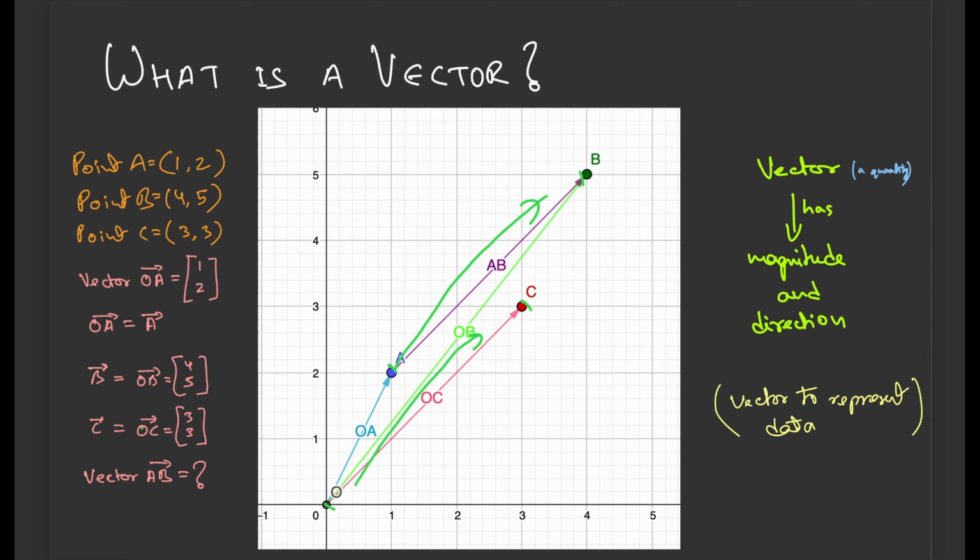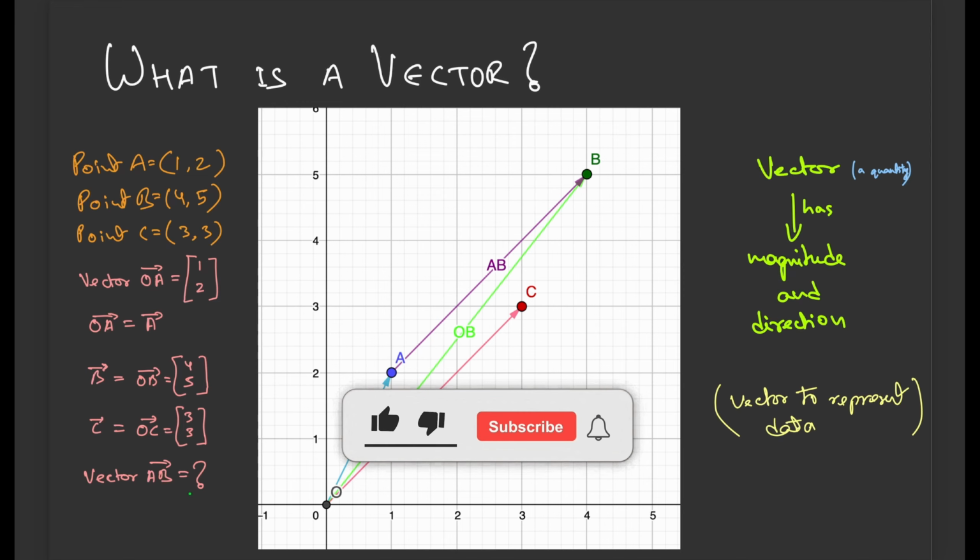So that's why they will have the same value. It doesn't care about where you are starting. You can start at origin, you can start at any other location. It only captures the magnitude or the length and the direction. So that's why vector AB and vector OC or C have the same value. We'll see the calculation of vector AB in the next slide.